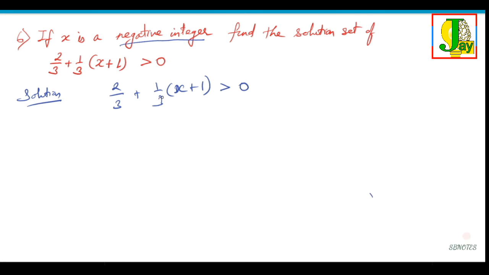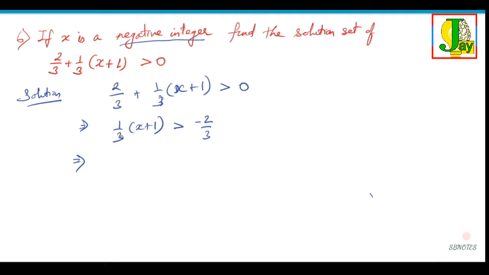Okay, so let us transpose this 2 by 3 to that side. So we have 1 by 3 of x plus 1 greater than 0 minus 2 by 3, that's minus 2 by 3. Okay, now multiplying both sides by 3, because we have to remove this 3 from here.